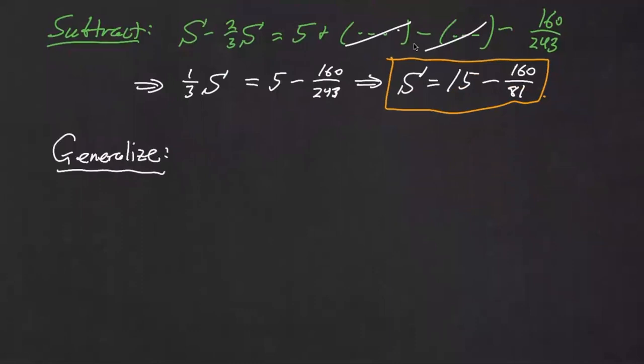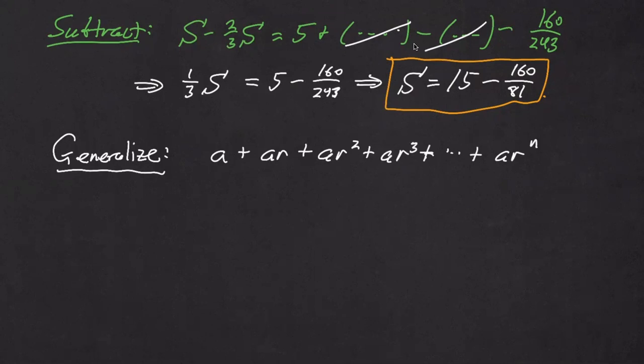think about what a general finite geometric series looks like. This is the way we tend to write it. Start with some number A, like the 5 in the previous example, and then multiply by R. That's the 2/3 in the previous example, and then keep multiplying by R. And let's just do that until we get up to A R to the N. Okay.